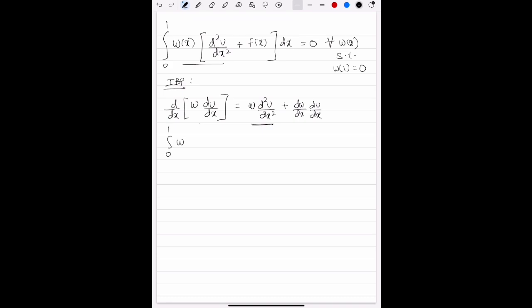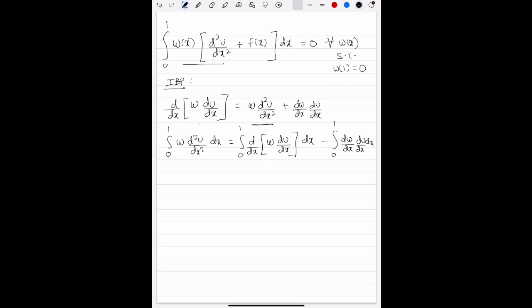So it can be written as integral 0 to 1 w multiplied by d2u by dx square dx is equal to integral 0 to 1 d by dx of w multiplied by du by dx minus integral 0 to 1 dw by dx du by dx.